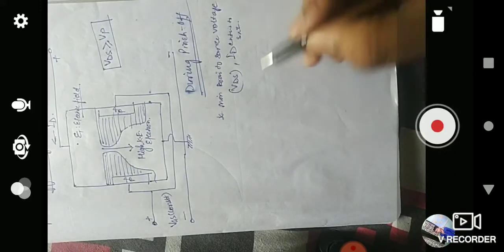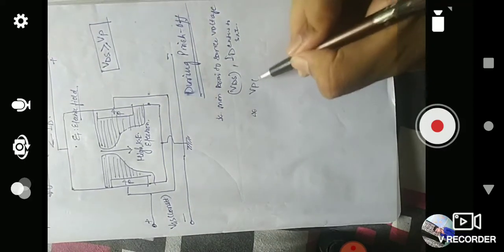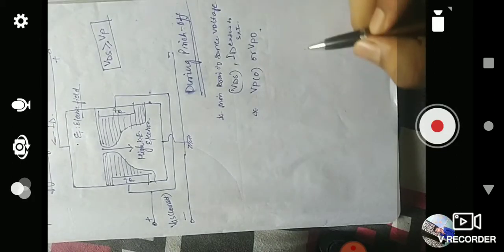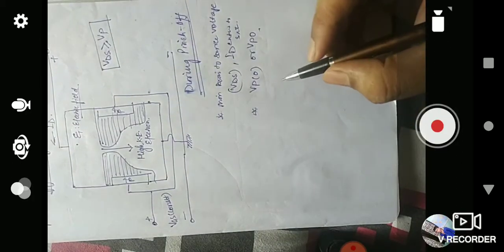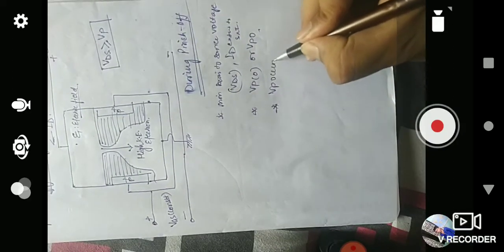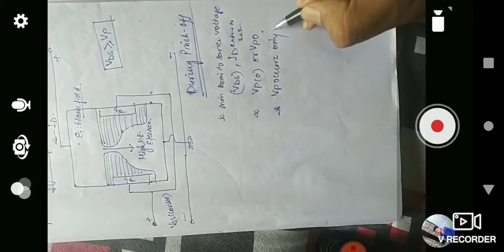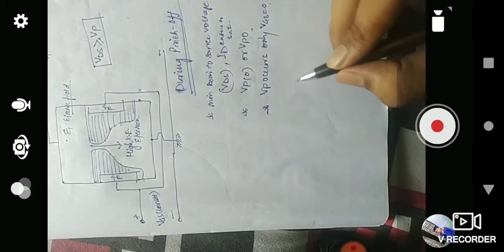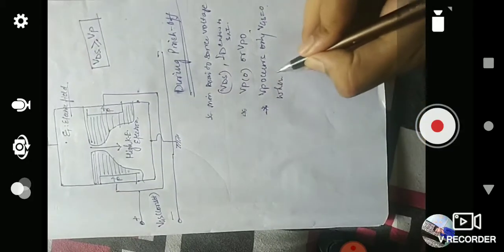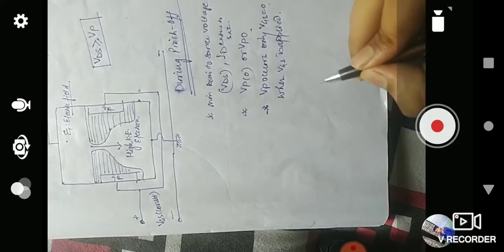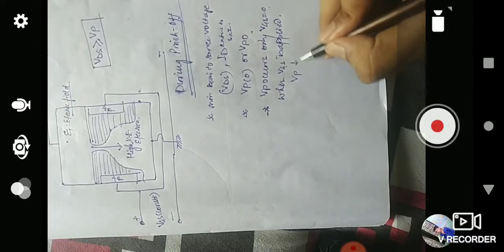And in a JFET the maximum pinch off voltage is VP0, the max pinch off voltage. The max pinch off voltage occurs only when VGS is 0, as stated earlier. In a JFET, when VGS is applied, the pinch off voltage VP decreases.